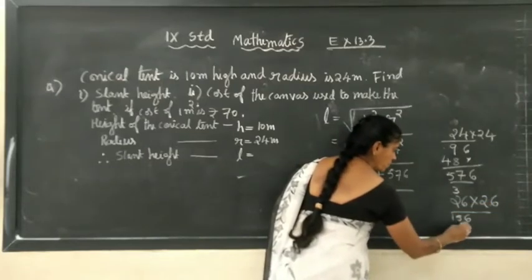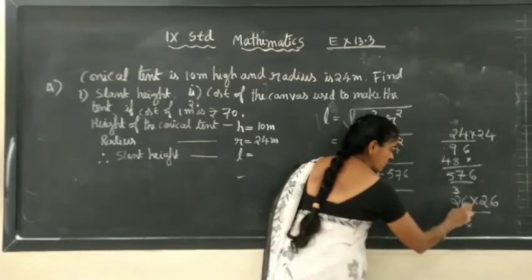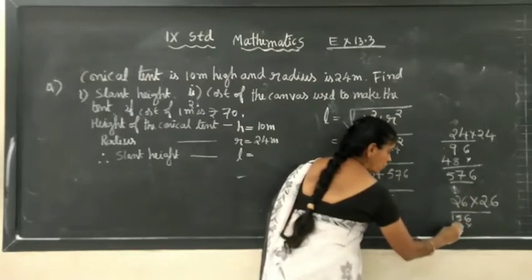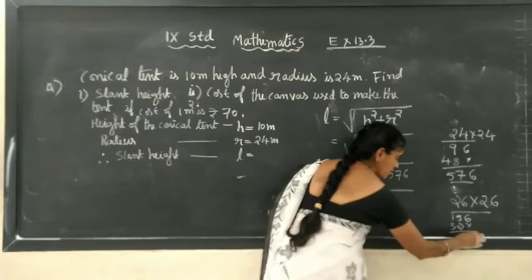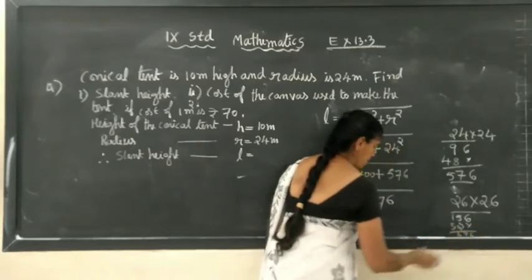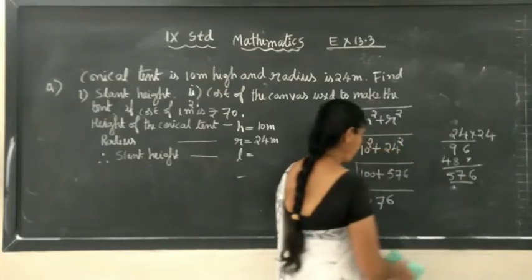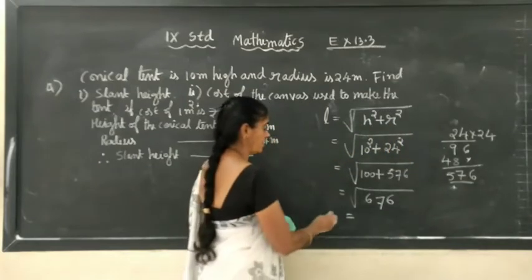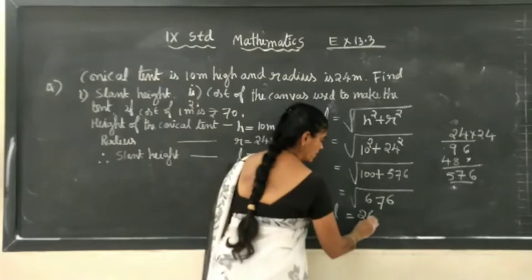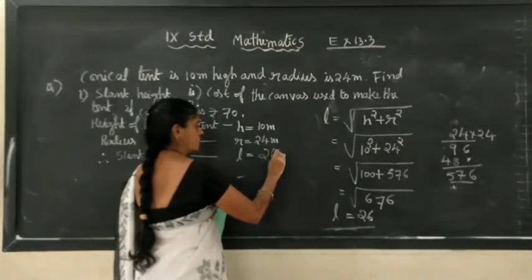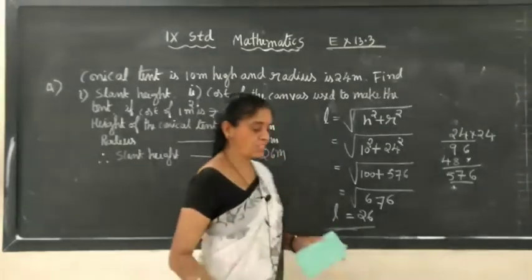Then leave 1 place, 2 6s are 12, 1 in hand, 2 2s are 4 plus 1, 5. So 676. See, it is nothing but 26. Square root of 676 is equal to 26. So it is 26 meter. Slant height is 26 meter.